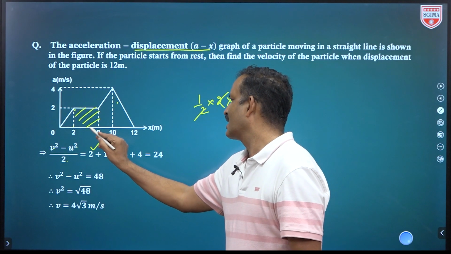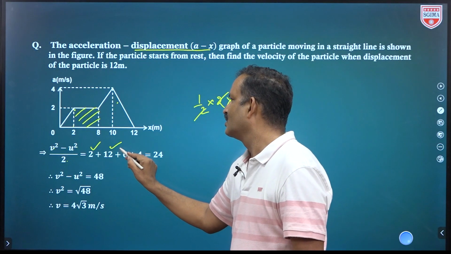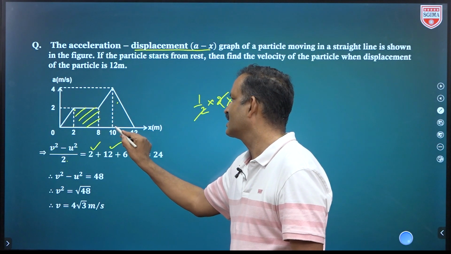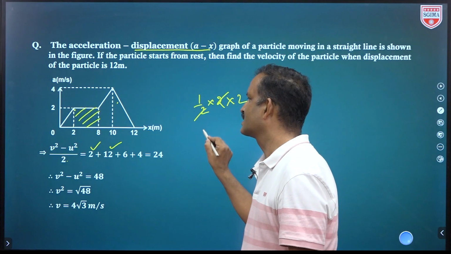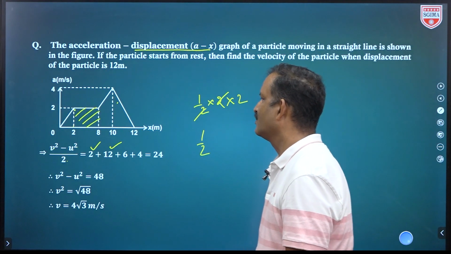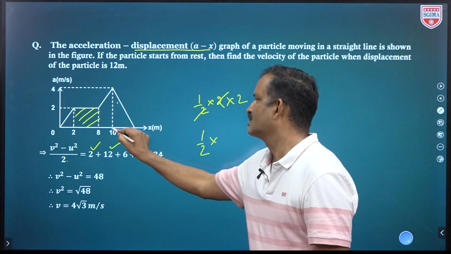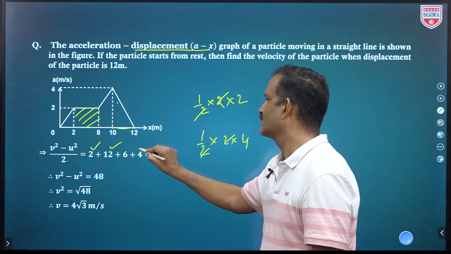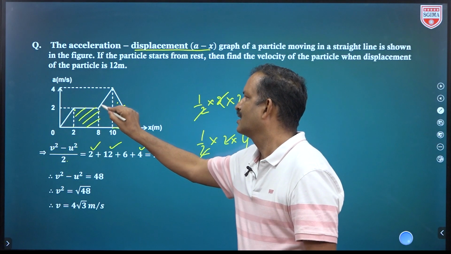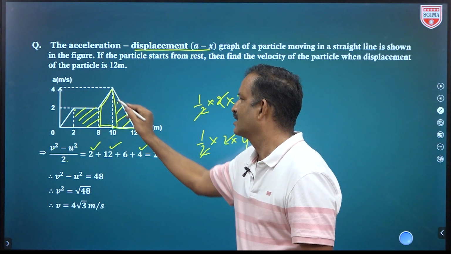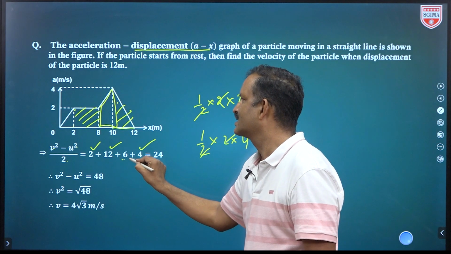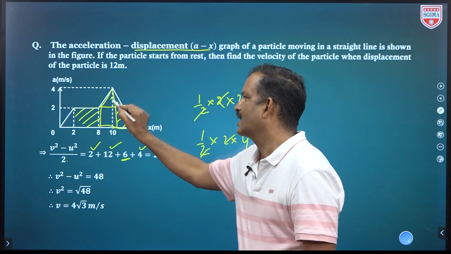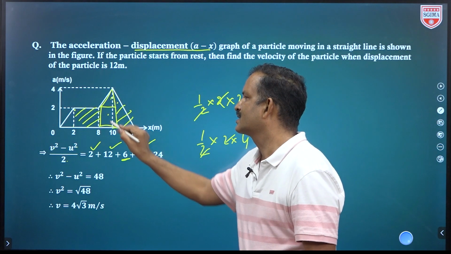Similarly, if you calculate this area, half into base, this base is 2, height is 4. Now, this trapezium area you can also calculate, that is 6, otherwise you can take one triangle and one square.